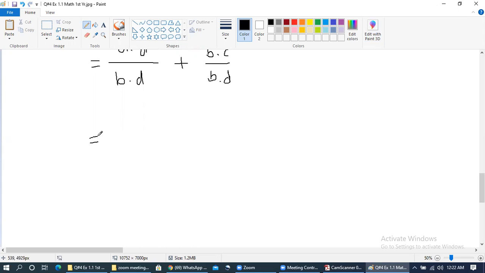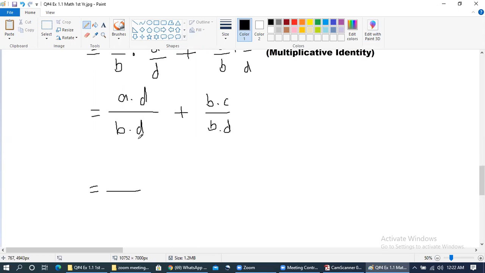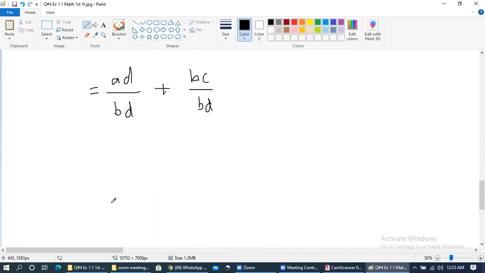There is no property to involve here. Anyhow, this becomes AD divided by BD plus BC divided by BD. This is also a simple axiom that when we are not putting any sign in between them, then it simply means the sign of multiplication.